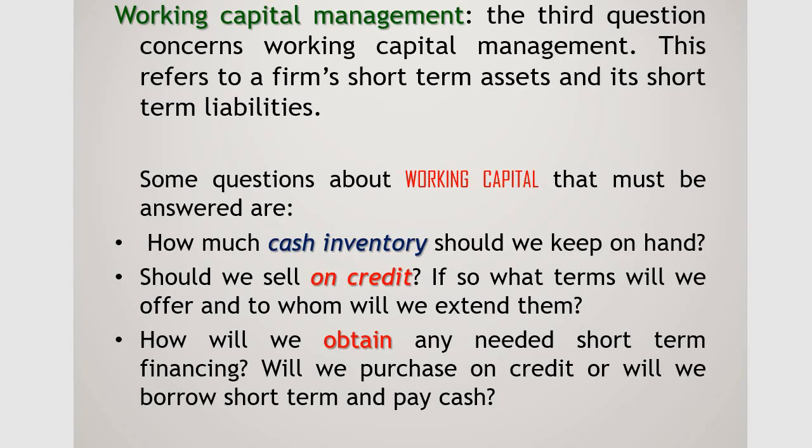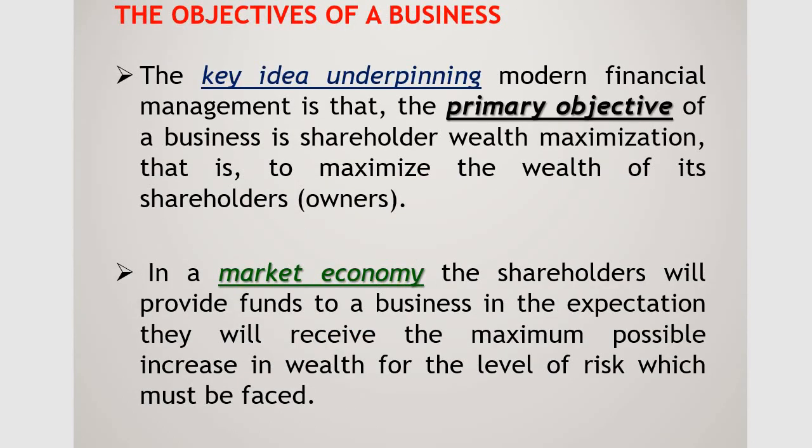Great. So with this, you get to understand the objective of a business. The objective of a business is having a primary objective of shareholder wealth maximization. The primary objective of a business is to maximize the wealth of shareholders in the company.